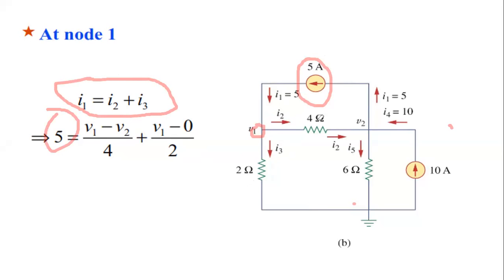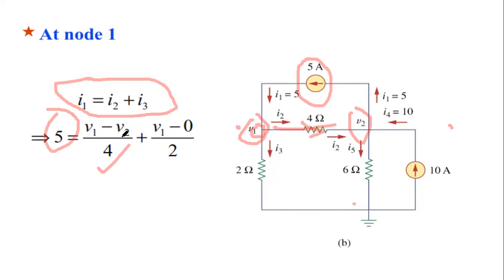After that, if you see I2 and I3, I2 is flowing between V1 and V2 in this direction. It means it is flowing from higher potential to lower potential, so V1 should be higher potential and V2 lower. So I can write it as V1 minus V2 divided by 4 plus I3. I3 is going downward from V1.